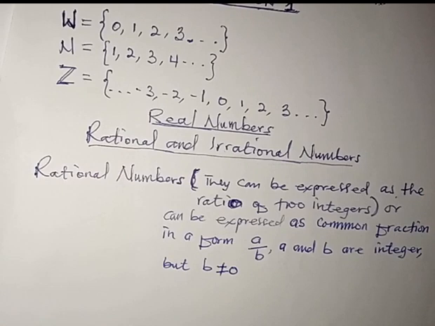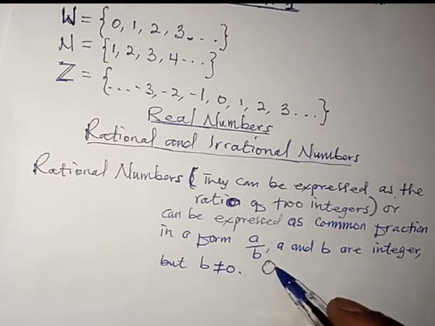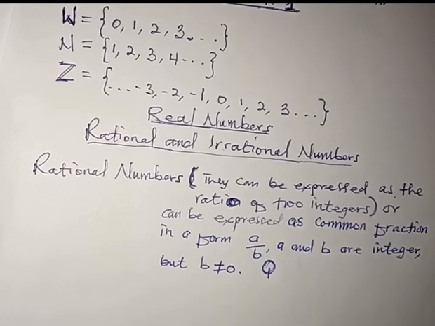Now we said that for rational numbers, we use the letter Q to denote the set of rational numbers. Why are we using Q? We are using Q because rational numbers can be expressed as a quotient of two integers.